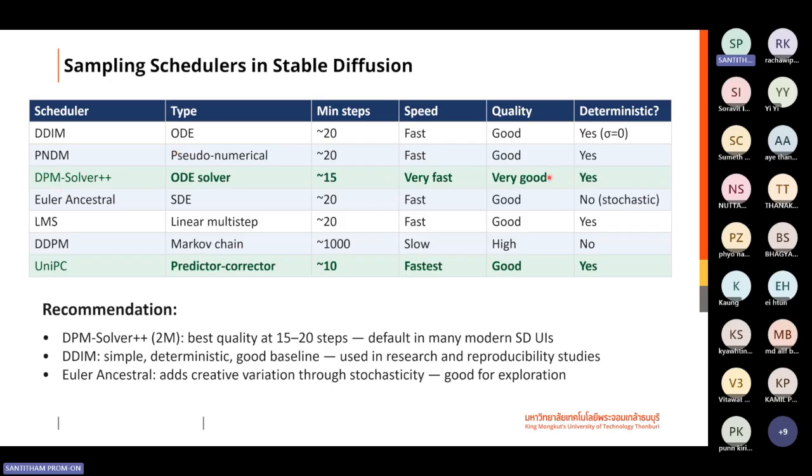DPM solver plus plus, also deterministic, quality and speed very fast as well. And there are some stochastic ones, right? Euler and Euler ancestral, the DPM here are stochastic. The DPM solver is the best one used in modern stable diffusion UI. DDIM is the simple deterministic one, what we learned earlier. Euler ancestral adds stochasticity to that.